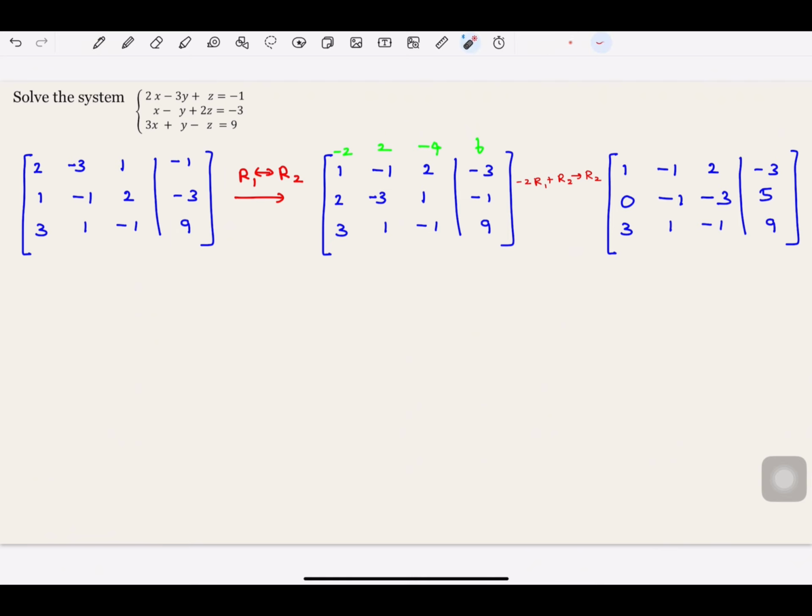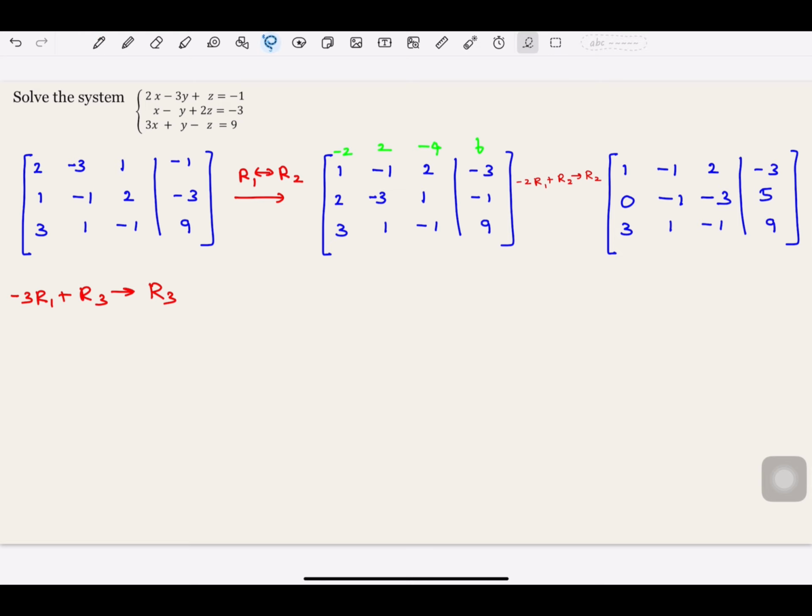Again, you have to do a similar calculation to get a 0 over here. To do that, you are going to multiply the first row by -3 and add it into the third row. So this is how I'm going to write the operation. I'm going to multiply R1 by -3, and then add it into R3, and R3 will be replaced by a new set of numbers.